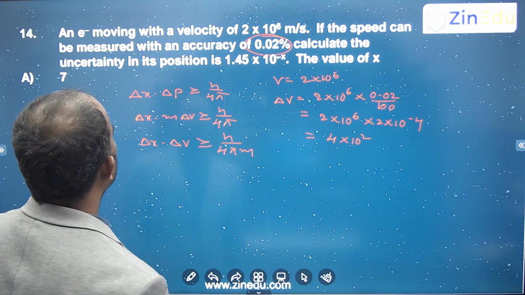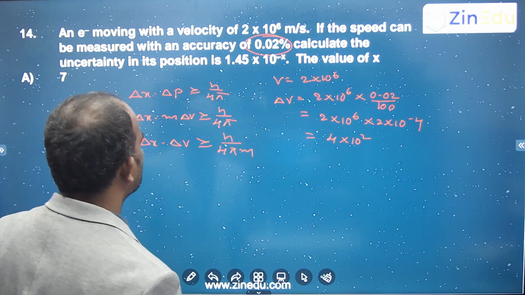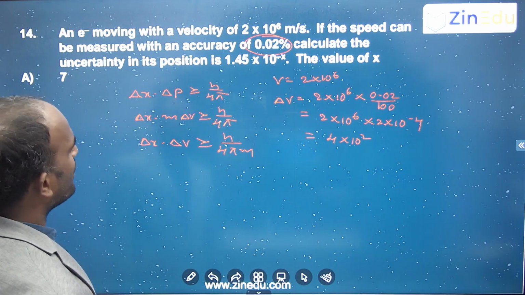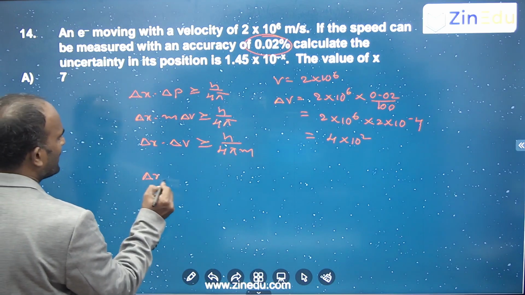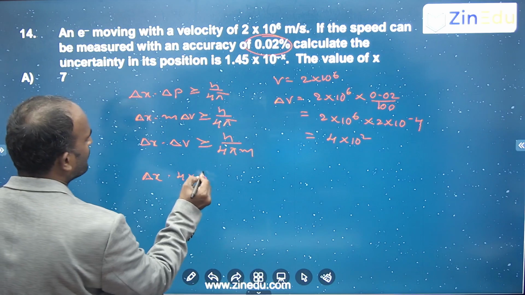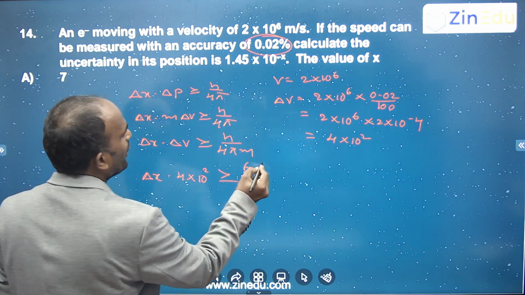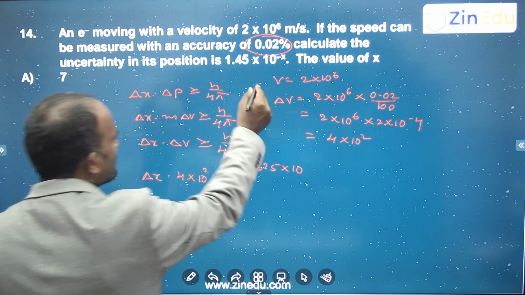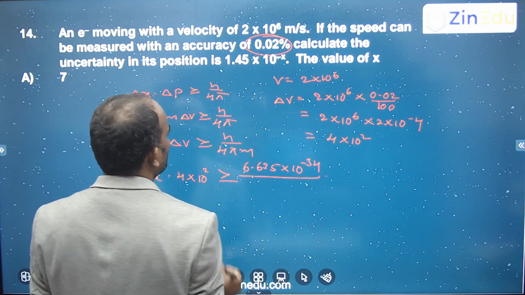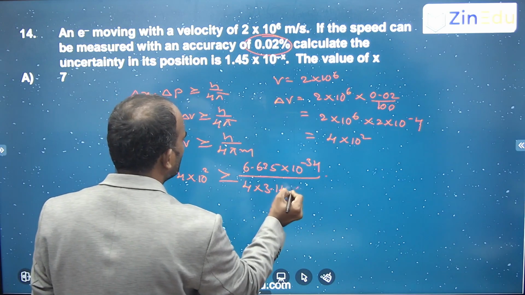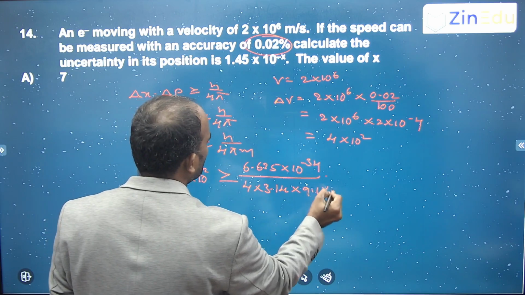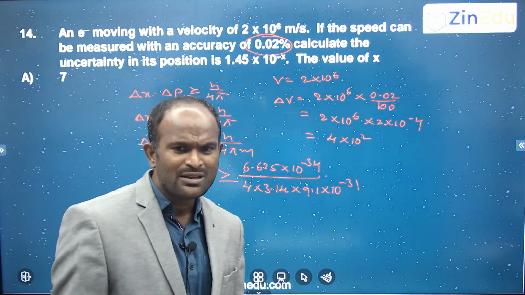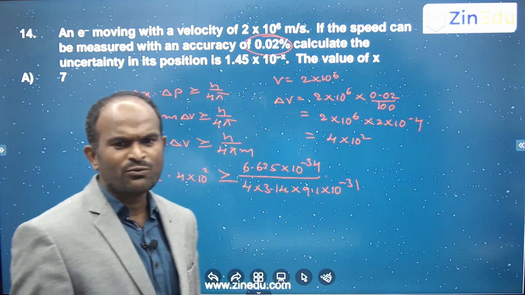We have to calculate the uncertainty in position, delta x, given the velocity and mass of the electron. Delta v we know is 4 into 10 square, greater than or equal to 6.625 into 10 power minus 34 joule second, divided by 4 into 3.14 into mass 9.1 into 10 power minus 31 kg; otherwise it would be minus 28 grams, but here they have given SI units so we have taken those.